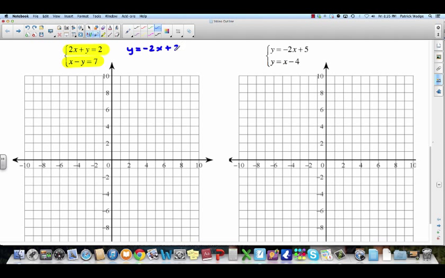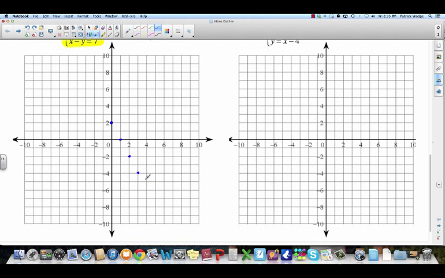Now that it's in slope-intercept form, you have a slope of negative 2 and a y-intercept of 2. Let's think of the slope as negative 2 over 1. That means go down 2 and over 1. We can do that a couple times, down 2 over 1, down 2 over 1, and I'll draw a line through there.